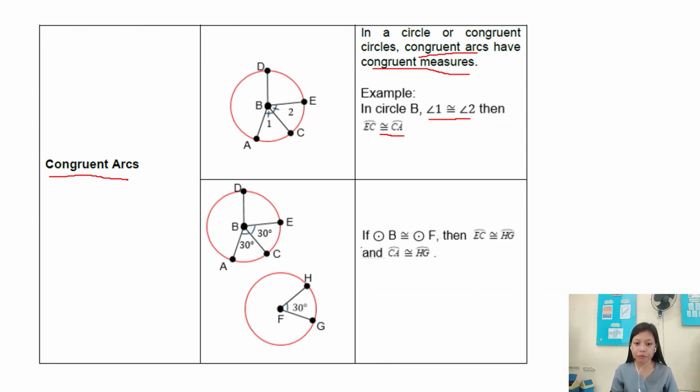Example, if circle B is congruent to circle F, then line EC is congruent to line HG, and arc CA is congruent to arc HJ.